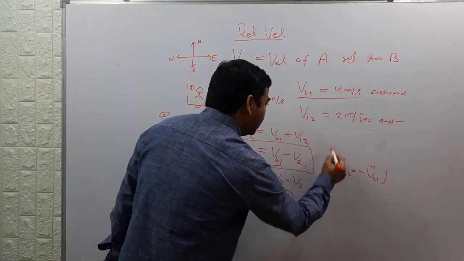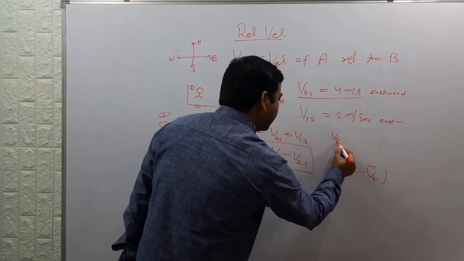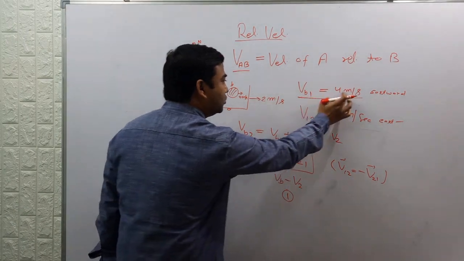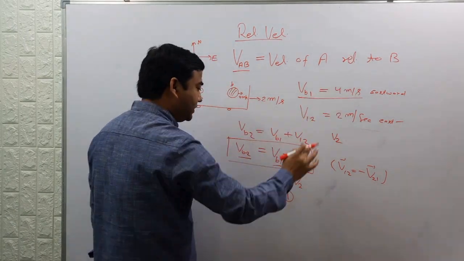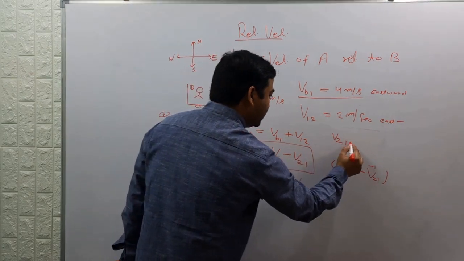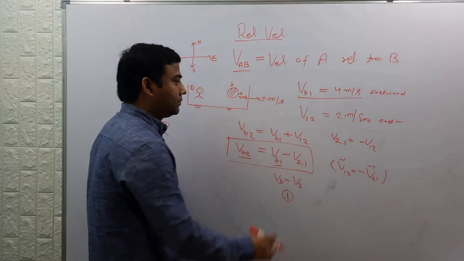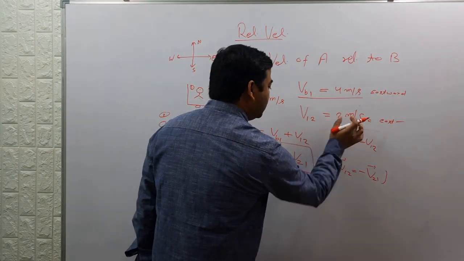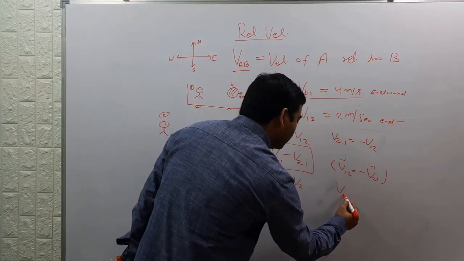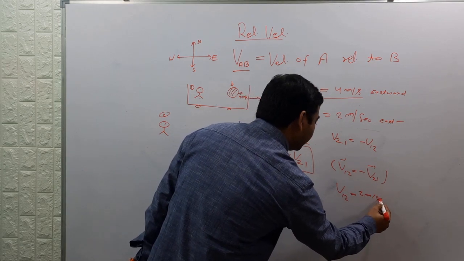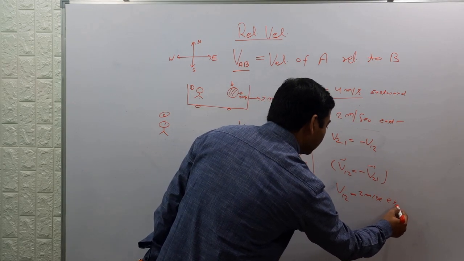So V21, we have to find V21 because V1 is known to us, 4 meter per second eastward. V21 is equal to minus V12. We know vector V12 is equal to 2 meter per second eastward.